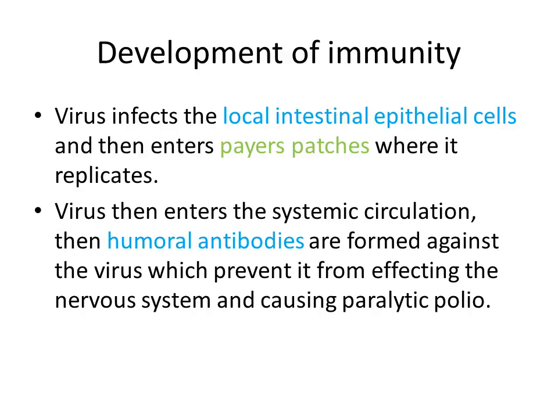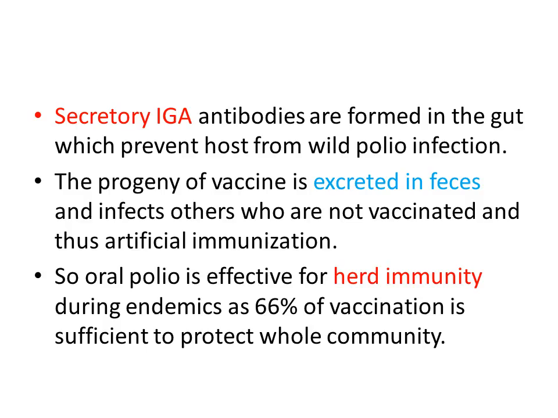Here both humoral immunity and gut immunity are produced in oral polio, whereas in injected polio vaccine only humoral immunity is developed. Gut immunity is developed by secretory IgA antibodies.